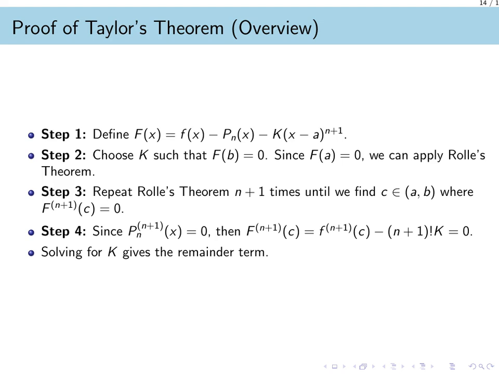Finally, we calculate this n plus first derivative. The expression simplifies to relate the derivative of F to our constant, k. Solving this equation for k gives us the precise formula for the remainder term. In short, the proof constructs a function whose properties force the remainder formula to appear.